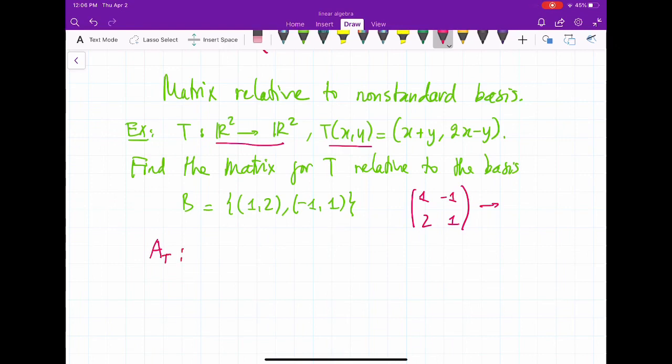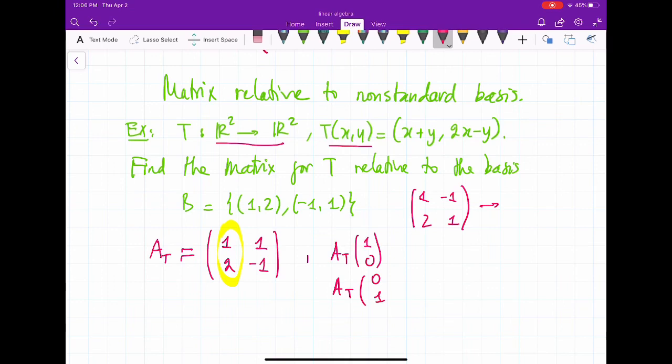If you have T like this, the matrix A is 1, 1 and 1, negative 1. What is the first column? The first column is nothing but A times (1, 0), right? The second column is A times (0, 1). Makes sense?